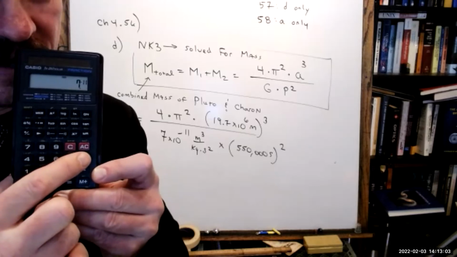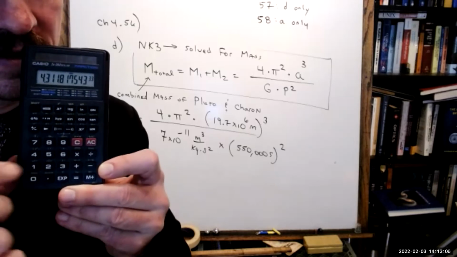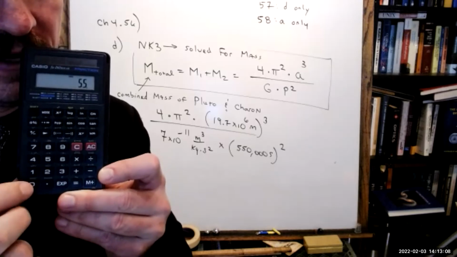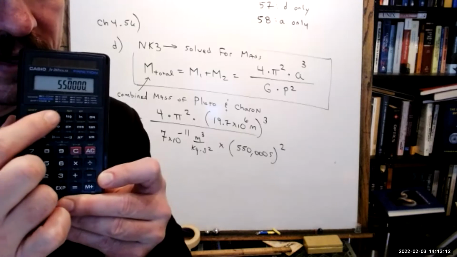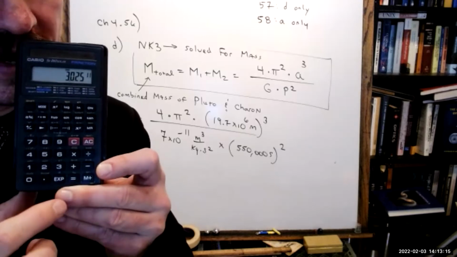Now I have to hit divided by, because that's on the bottom, 550,000. I have to square it, badoink, and then I have to hit equals.